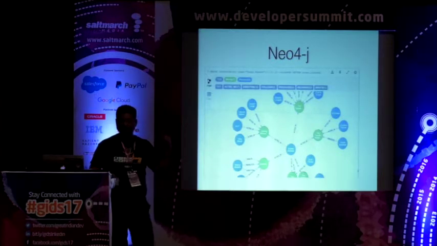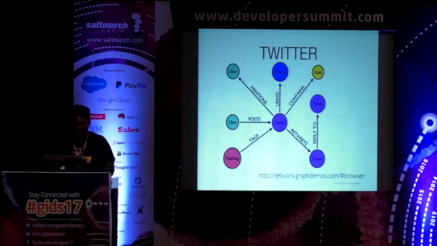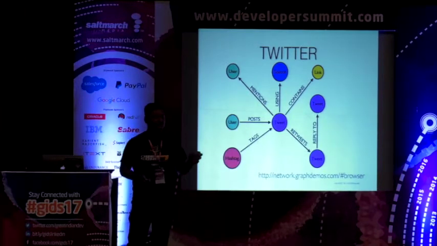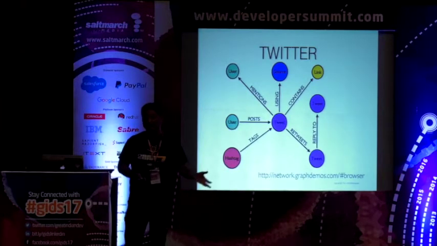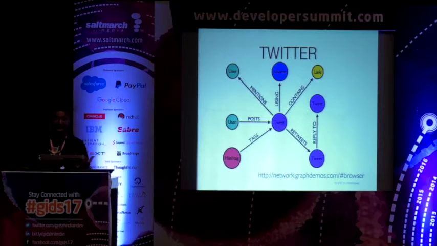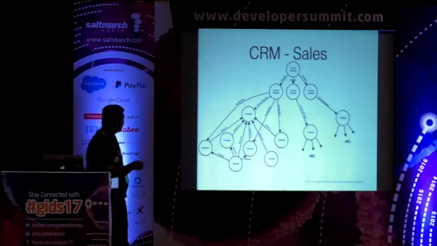If I have time, I can show you in a little more detail what it is. Twitter uses graph APIs. Facebook uses graph APIs. So anything social you're doing, you have to use graph APIs. Without that, you can't run the API fast enough. You can also create something like a CRM for sales, where an account manager is within a company, and that company has an employee.